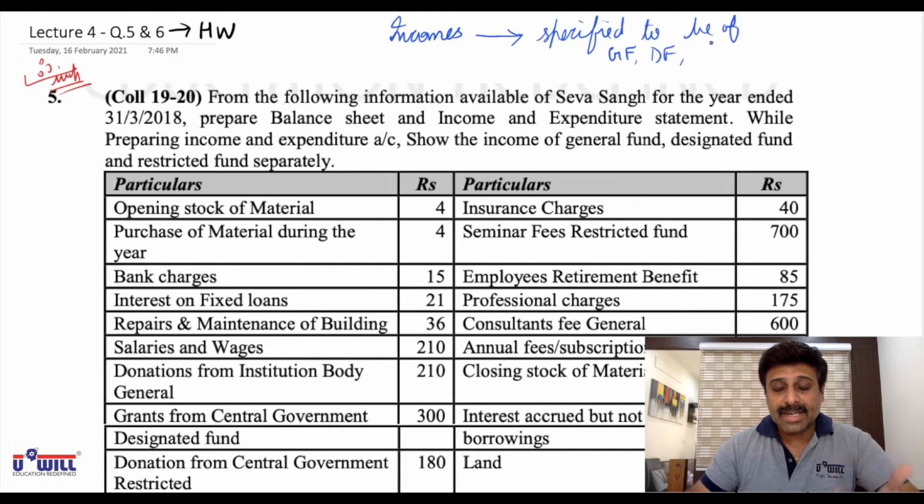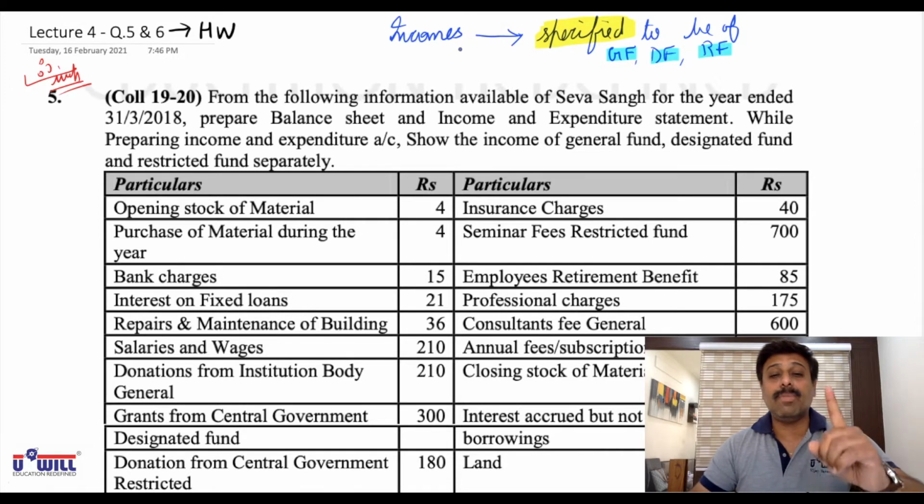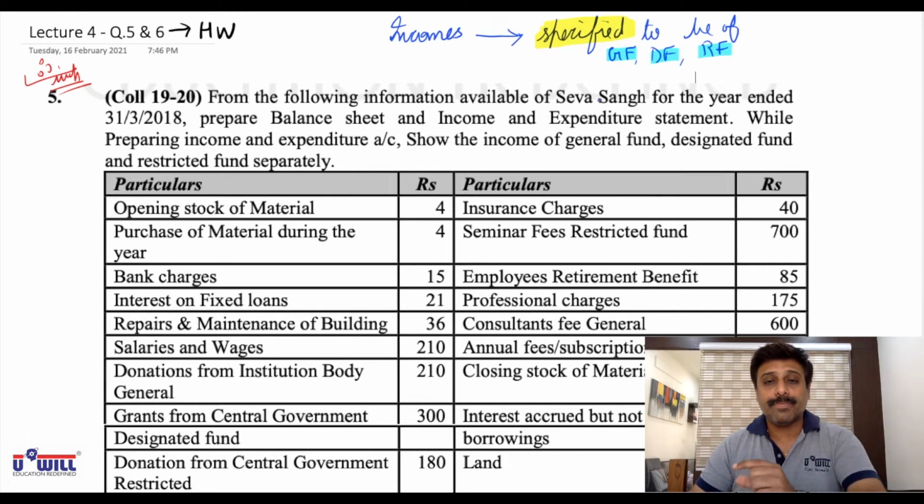We also call designated funds earmark funds or restricted funds. When it is specifically mentioned in the question that income is related to either general fund, designated fund or restricted fund, we have to make the income and expenditure statement in columnar form. And generally in such questions, the question itself would specify that you make it in columnar form.